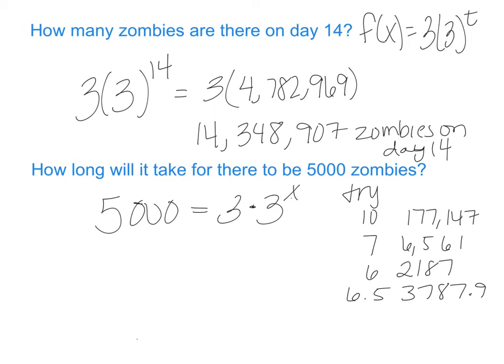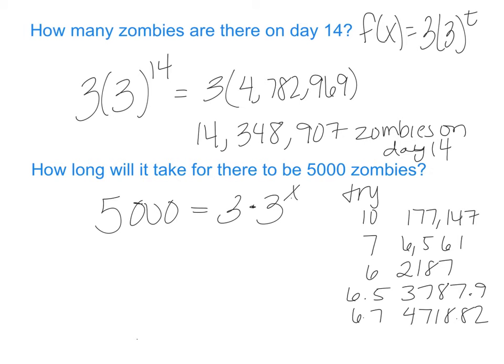So we need to go higher. Let's try 6.7. 6.7 gives me 4,718.82.